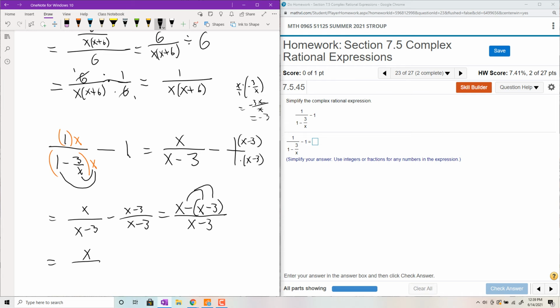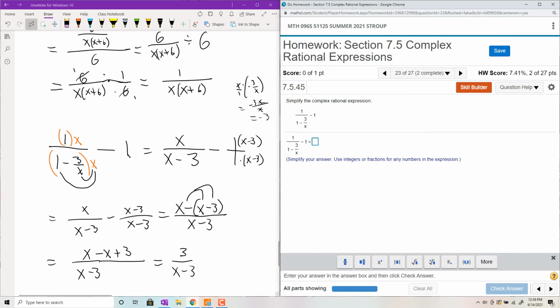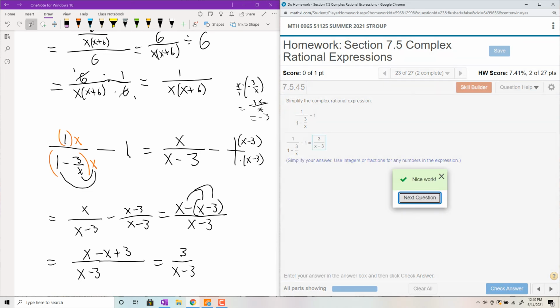You'll have x over x minus 3 minus x plus 3. Sorry, x minus x plus 3 over x minus 3. Then the x's cancel, and you're just left with 3 over x minus 3. It just seems a little bit of extra work on that one. 3 all over x minus 3. Check that guy. Yay.